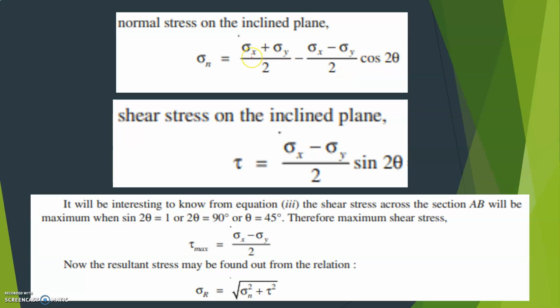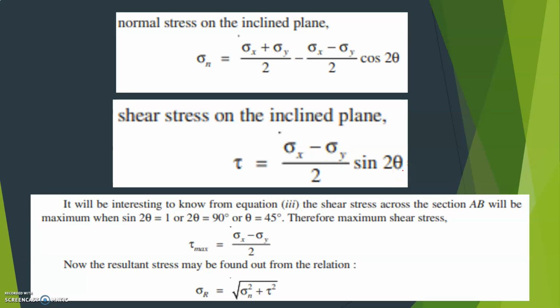This sigma x is stress in the x direction and sigma y is stress in y direction. And then shear stress on the inclined plane is given by tau is equal to sigma x minus sigma y divided by 2 into sine 2 theta. Again, sigma x is stress in the x direction and sigma y is stress in y direction.